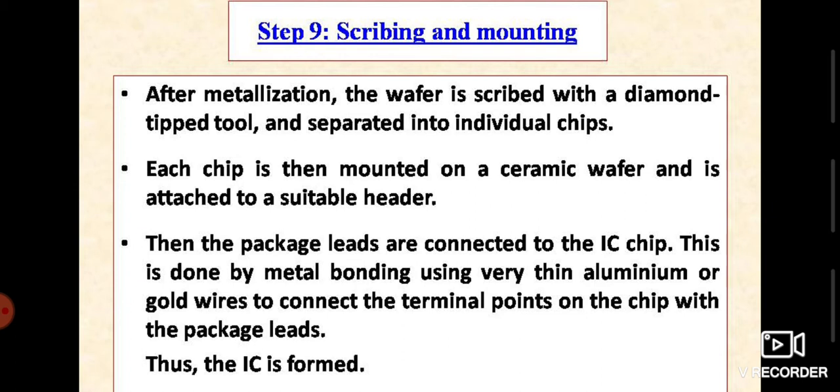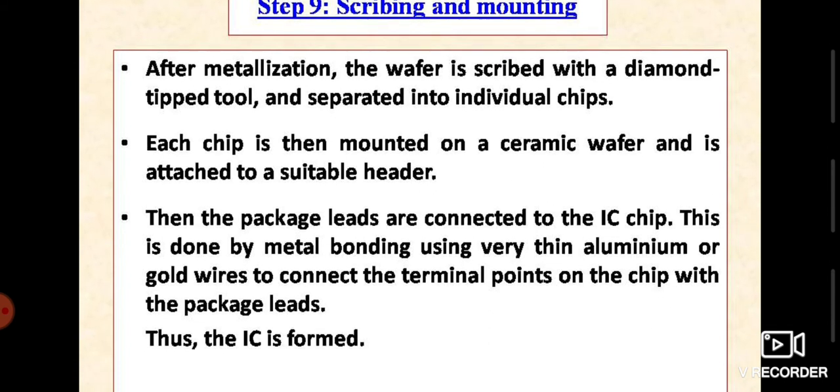As you can see, these are the ICs commercially available in the market. Then the package leads are connected to the IC chip. This is done by metal bonding, because after packaging we have the pins that you see externally, and we have to connect those pins with the internal leads of the chip.